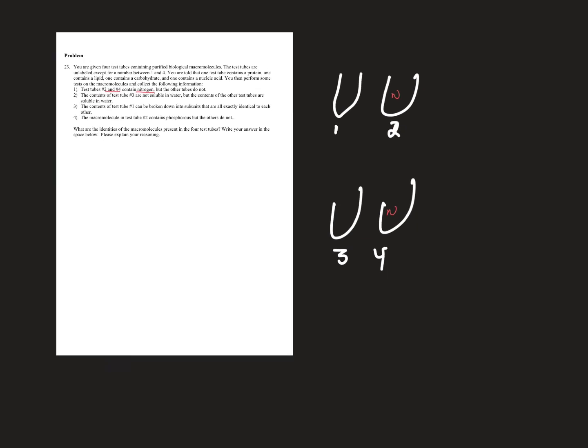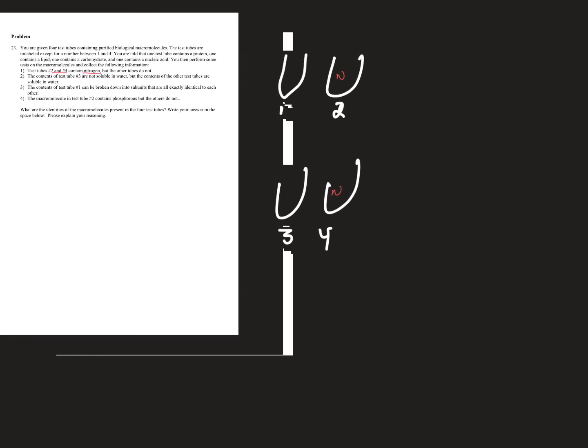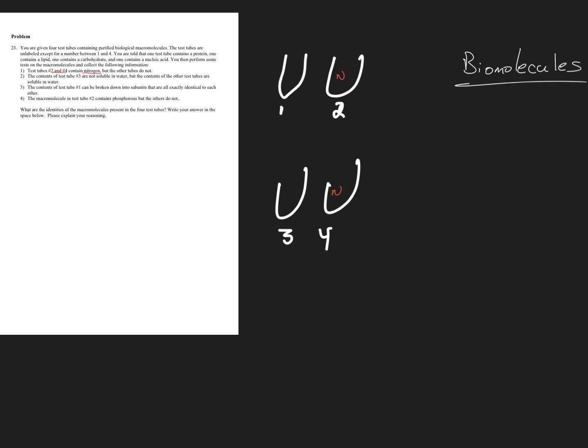Okay, so right away, what comes to my mind is what we discussed in class repeatedly. Let's write out the one thing you need to know to answer these questions quickly. Carbohydrates have carbon, hydrogen, and oxygen.